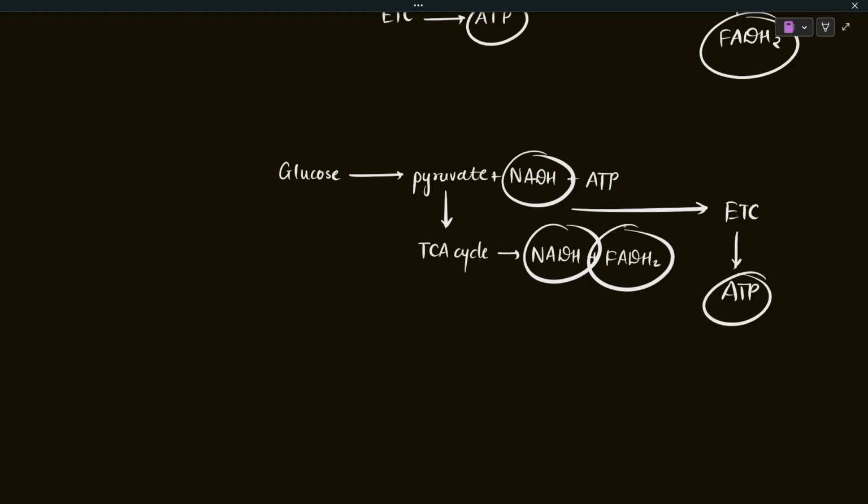The ATP generation through the electron transport chain is much higher compared to the glycolysis pathway. This happens in aerobic conditions, in the presence of oxygen.